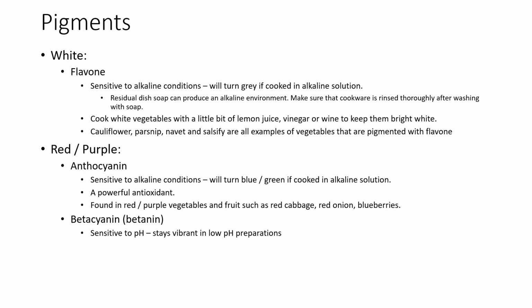If you raise the alkalinity, you're going to get some discoloration. This betanin or beta-cyanin is also a powerful antioxidant, very good for you. And we can find this in beets, we can find it in some flower petals, and some fungi.